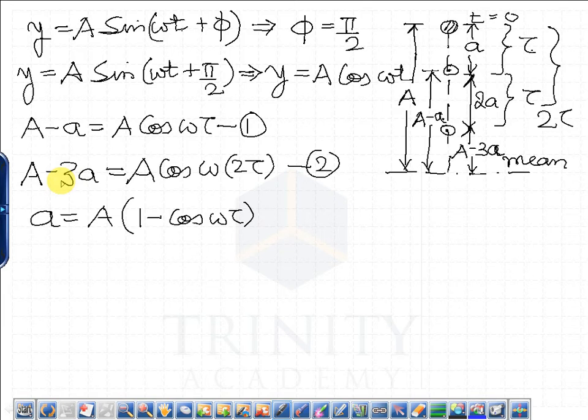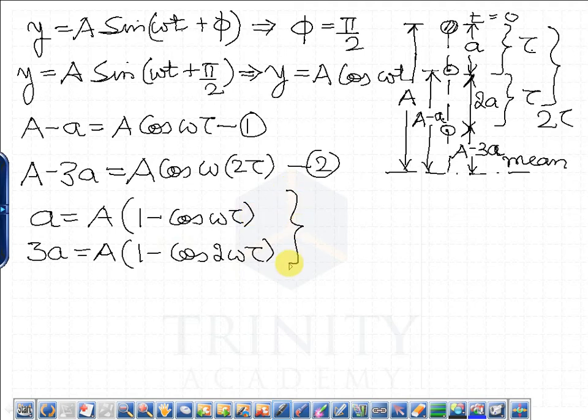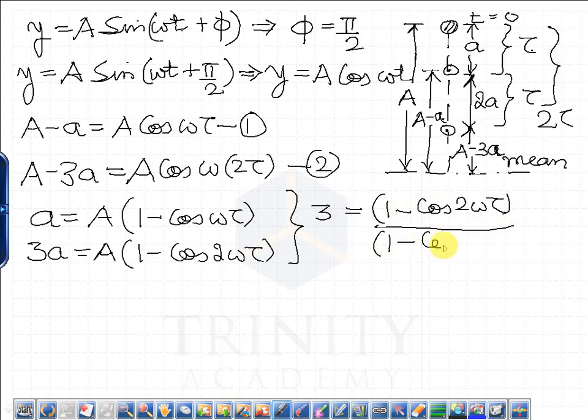So in this case I can write 3a is equal to a times 1 minus cos 2 omega tau. If I divide these two equations, then I will get 3a by a, that is 3, must be equal to 1 minus cos 2 omega tau divided by 1 minus cos omega tau.